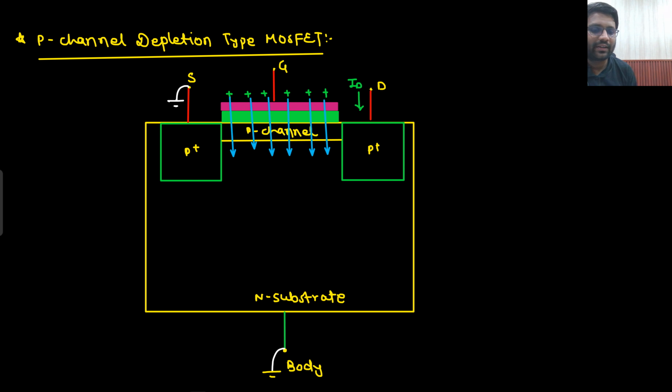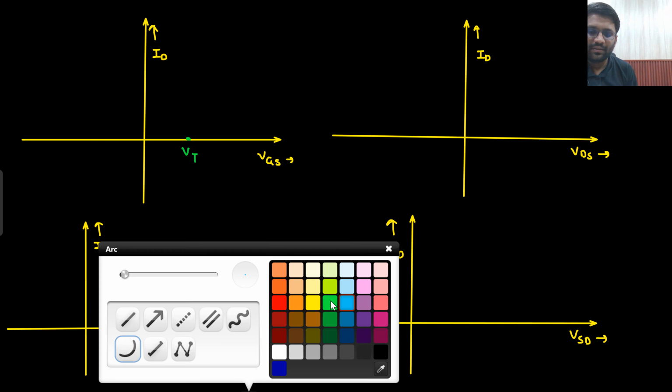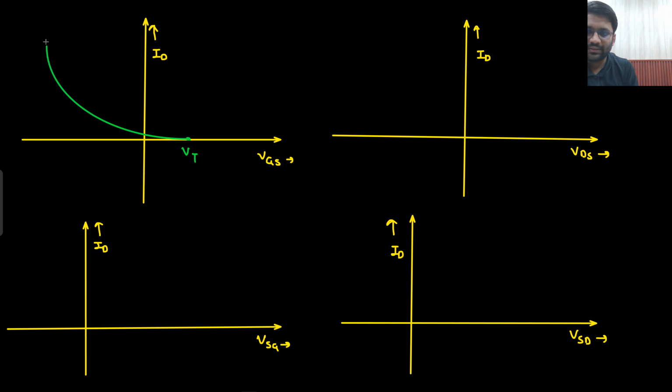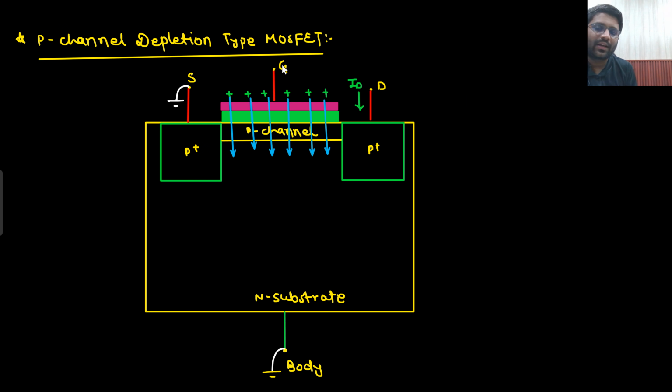So what kind of characteristics you will get? If you draw ID versus VGS, that means here it will be completely depleted. So this kind of characteristics we will be getting. Similarly, ID versus VSG if I draw, then this kind of characteristics I will get. Because for completely depleting it, here I need to apply positive potential at the gate. Source is at 0.